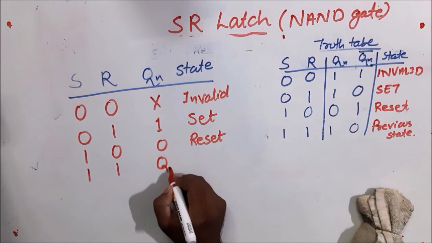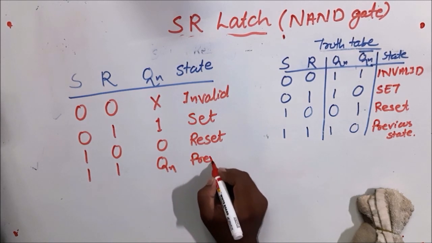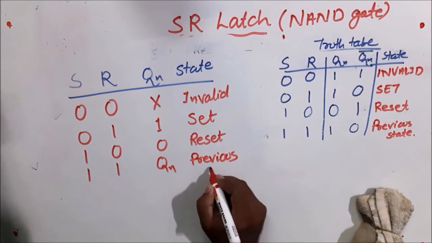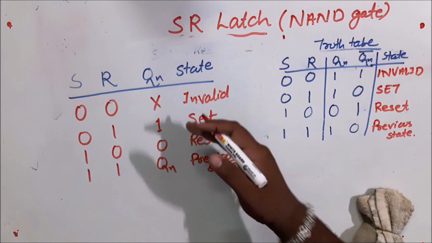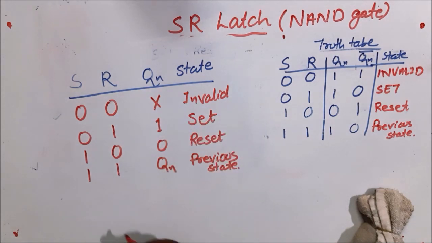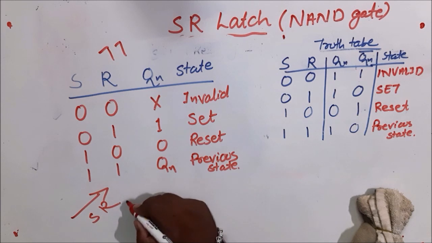We can write Qn or we can write the previous state. Okay, we just copied with some modification. So this table belongs to the SR latch, which is made up of NAND gate.